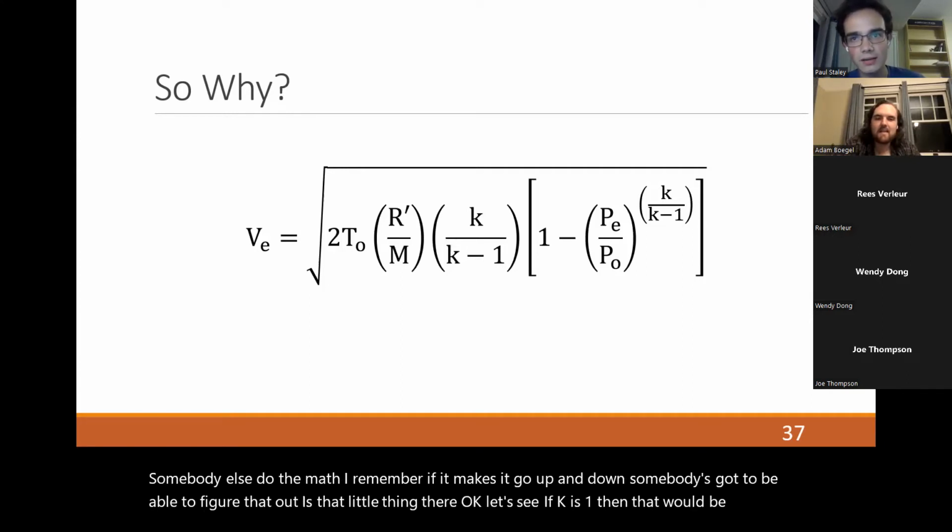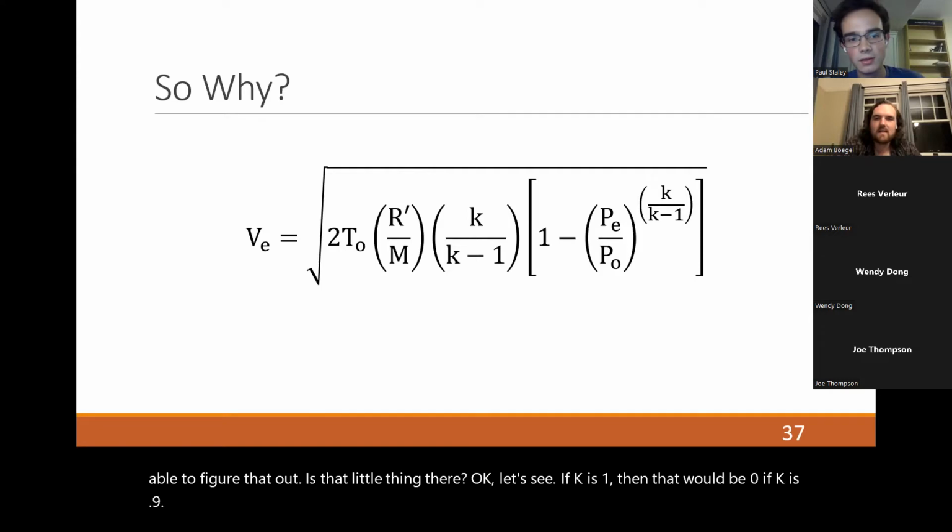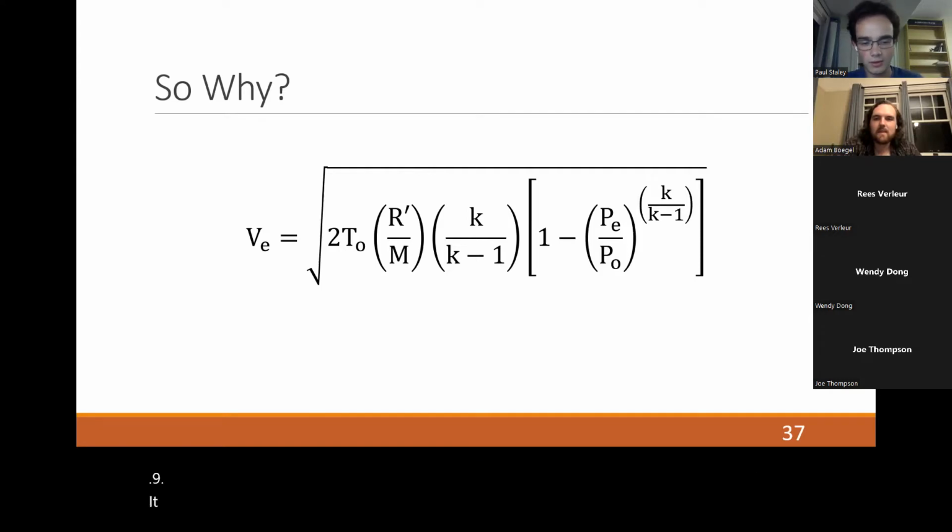If K is 0.9, it would be, come on. I'm sure you can all do this faster than I can. But it's funny to watch you do it. Okay, buddy. Or it's going to be higher than normal, so it's like, I'm not quite sure.